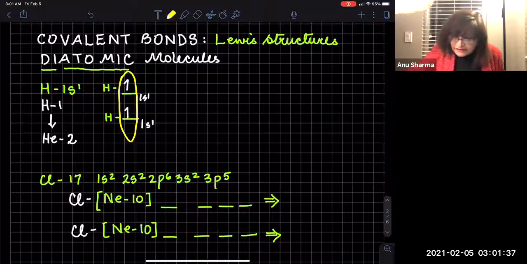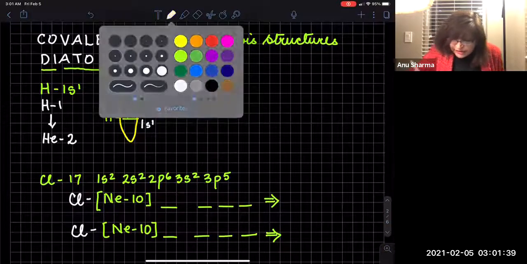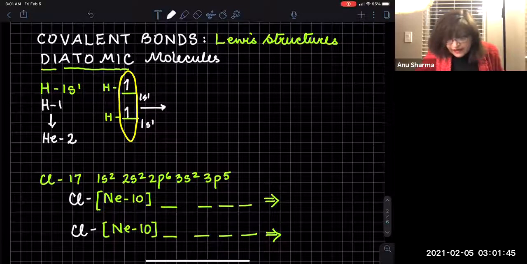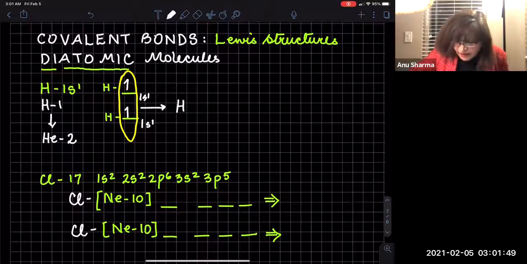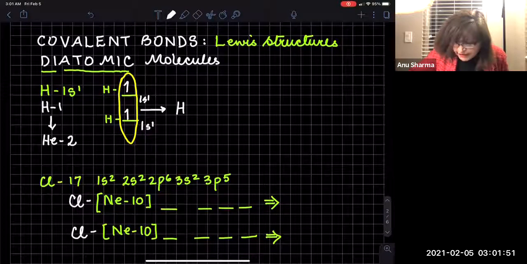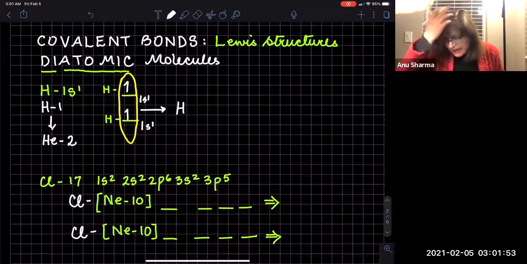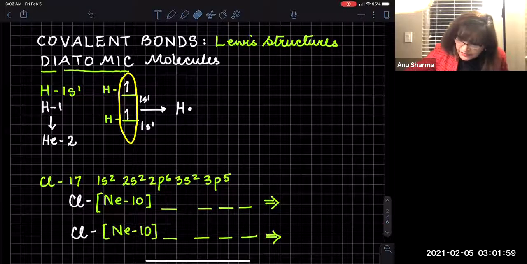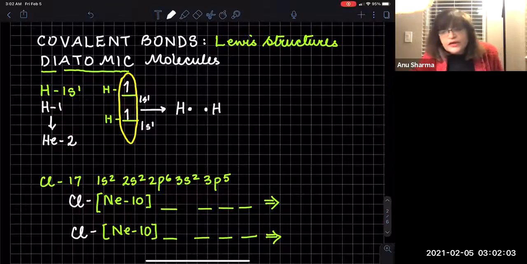So this is the overlap of these electrons, and then each hydrogen gets to have 2 electrons. Here's another way of showing it. This is the Lewis structure of one hydrogen and the Lewis structure of another hydrogen, the Lewis dot, with only one electron.